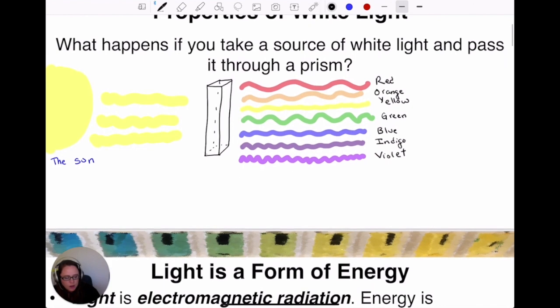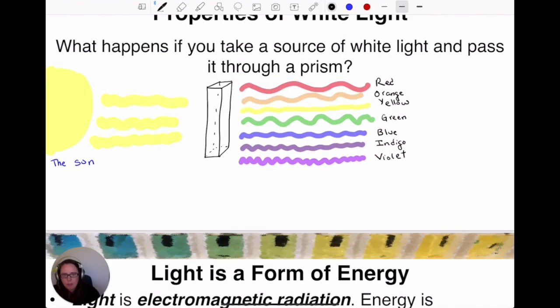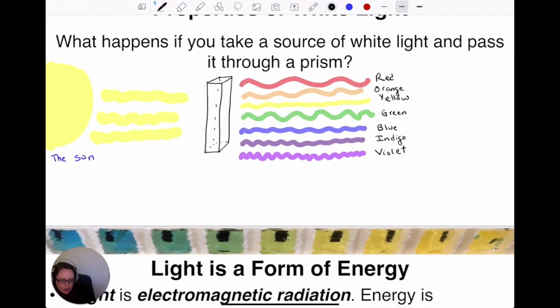Okay. So Isaac Newton noticed this way back in the 1700s. And so what Isaac Newton did was he looked at this phenomenon.